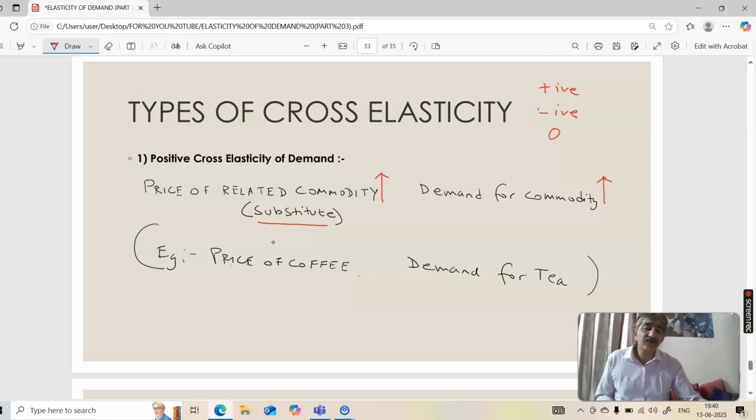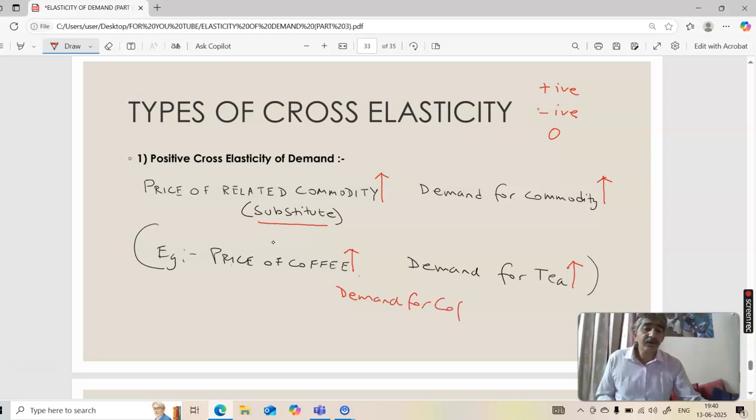Example, price of coffee. Coffee here is, you can see in the brackets, a related product related to tea basically. As the price of coffee rises, what will happen to the demand for tea? Demand for tea will also rise. Demand for tea will increase. The reason is, as the price of coffee rises, what will happen to the demand for coffee?